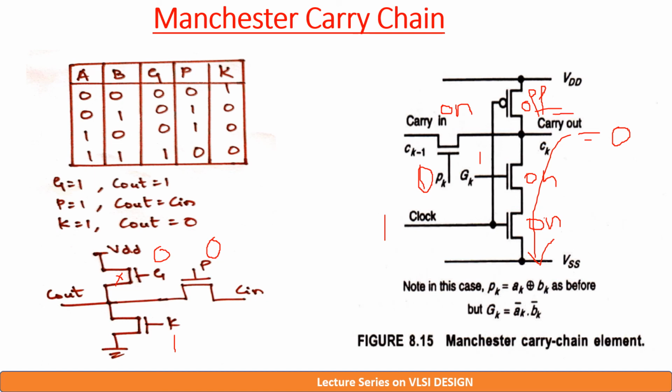This is carry output bar actually. So if generate is 1, carry output bar is 0, therefore carry output will be 1. If generate is 1, carry is generated, therefore Cout will be 1.